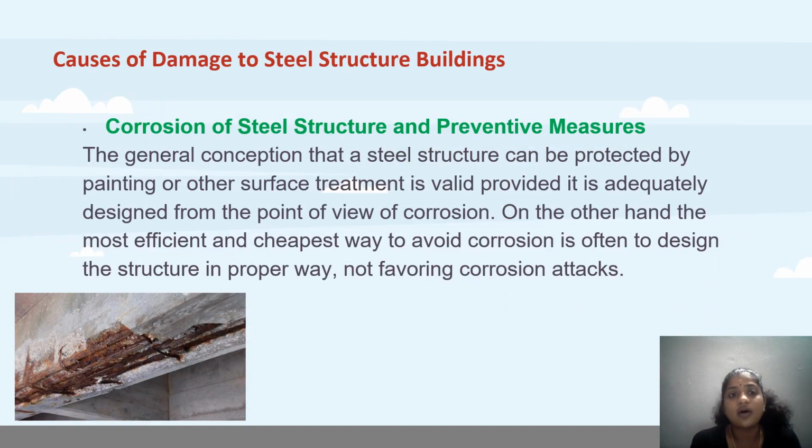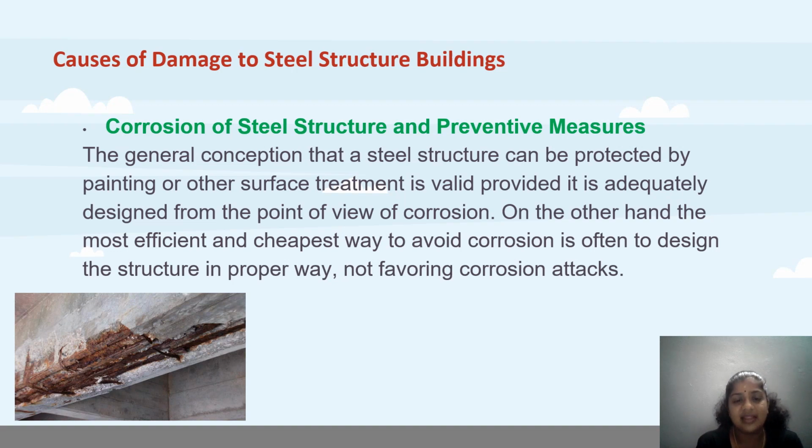Continuing with the causes of damage to the steel building. There are four causes. The first cause is corrosion of the steel structure and preventive measures. A steel structure can be protected by painting or other surface treatment, provided it is designed properly from the point of view of corrosion.